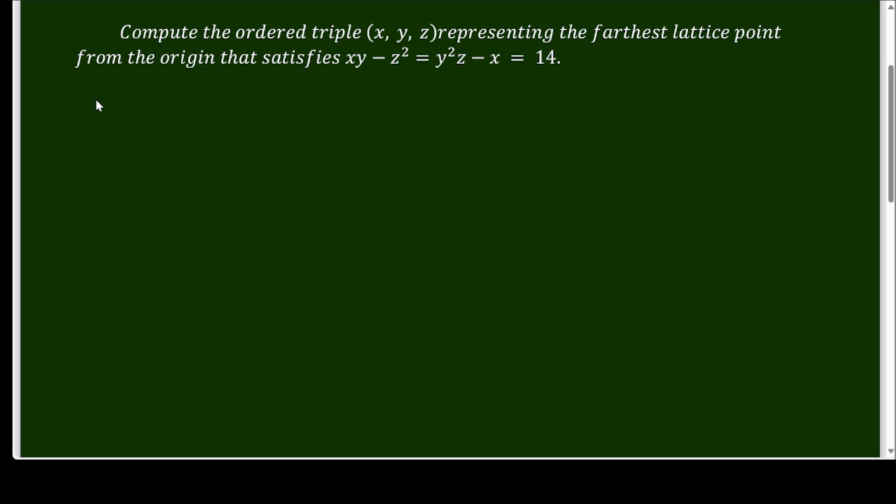So let me write the equations given. The first equation is xy - z^2 = 14, equation 1, and the second equation is y^2 z - x = 14, equation 2.